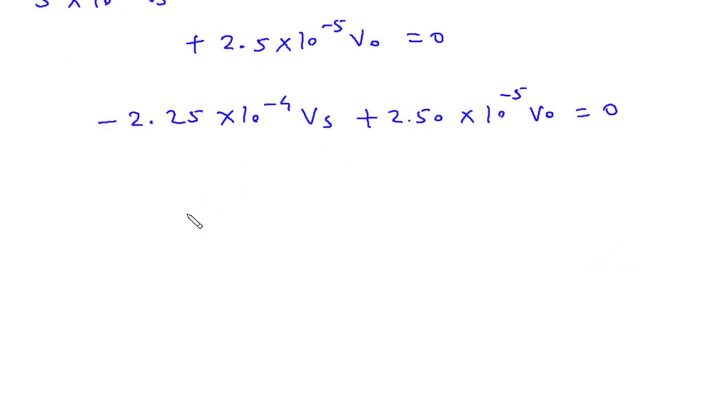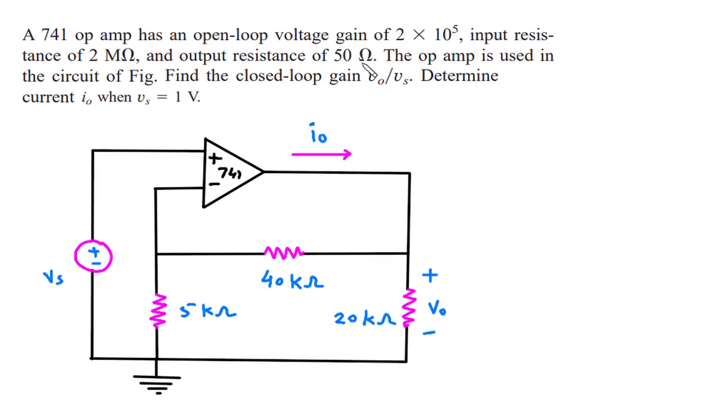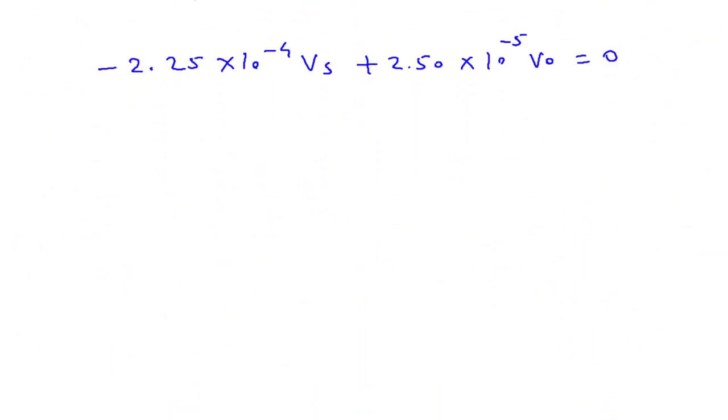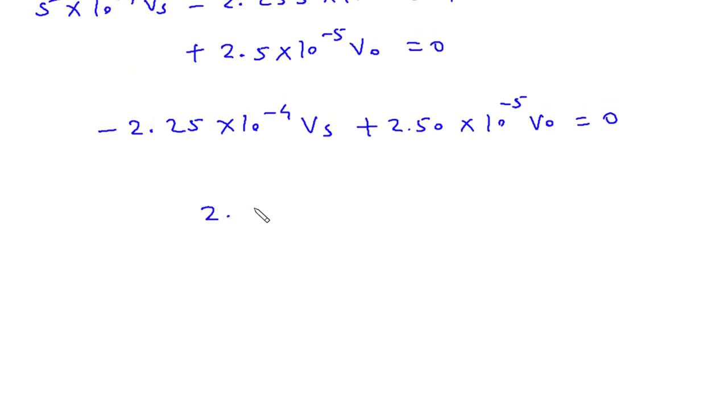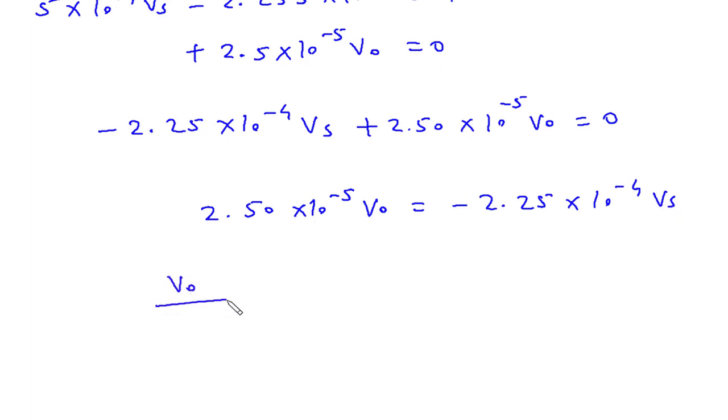Now from this we have to find the value of VO by VS. So 2.50 into 10 to the power minus 5 VO is equal to minus 2.25 into 10 to the power minus 4 VS. So VO by VS will be, this will be plus, not minus, when this goes on right side.